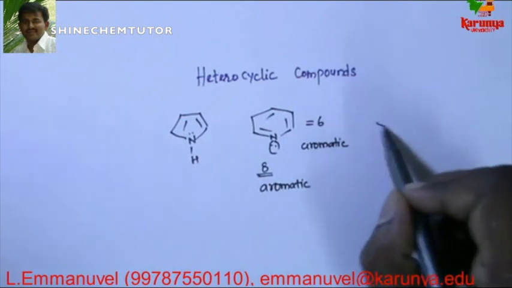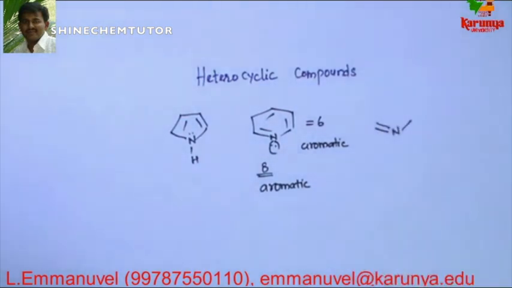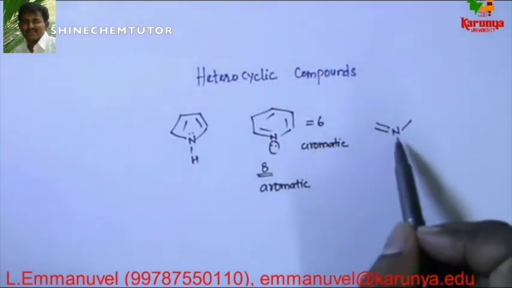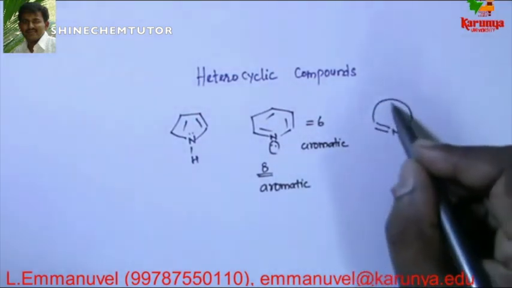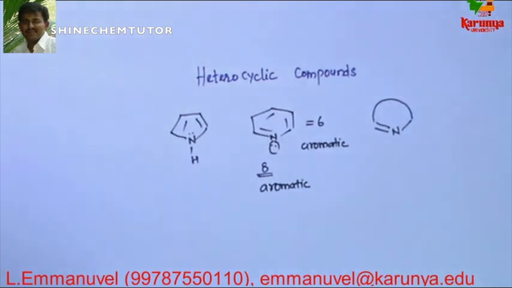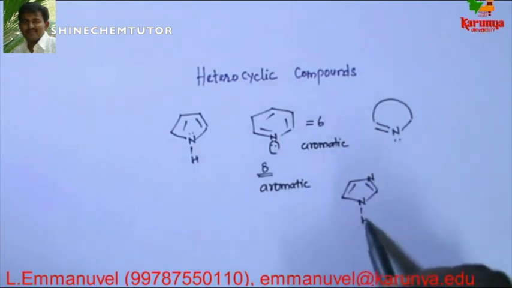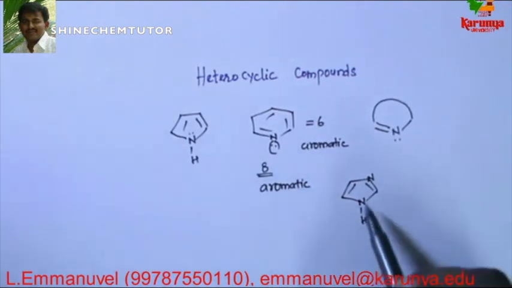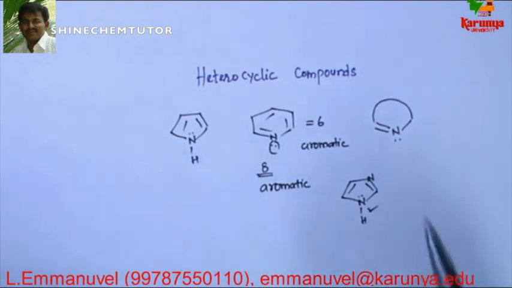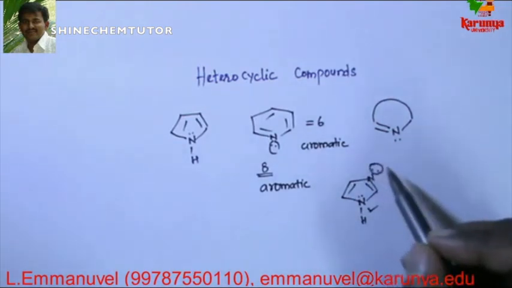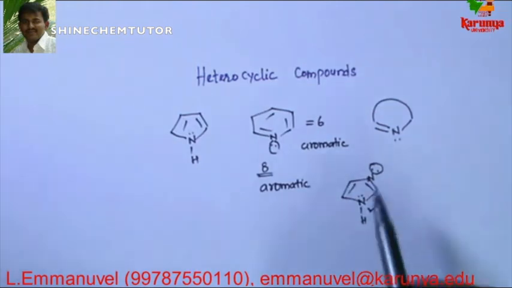Easily you can remember, if there is a system like this, a double bond to N in a ring with conjugation, then this lone pair of electrons will not be involved in delocalization. You can go for a system like this. This lone pair of electrons will be involved in delocalization. On the other hand, this lone pair of electrons will not, because it is like this.